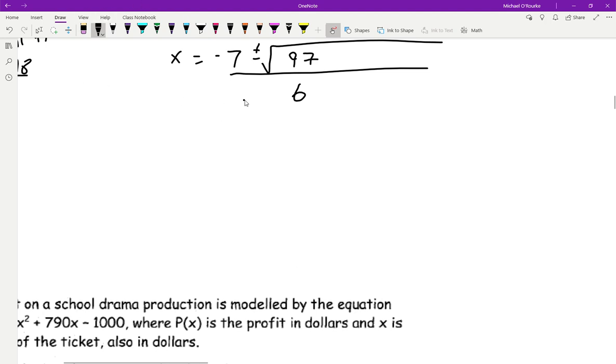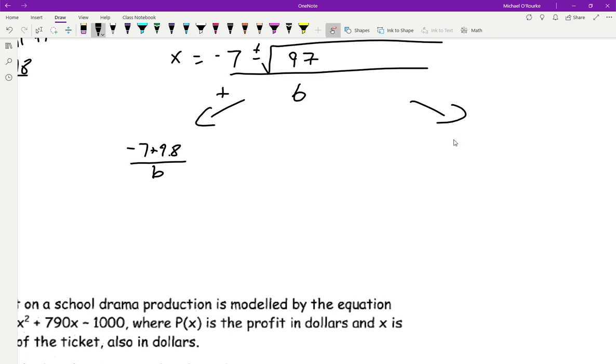So, I'm going to split this up, my positive and negative versions. Negative 7, what's the square root of 97? 9.8. So it's going to be plus 9.8 divided by 6.